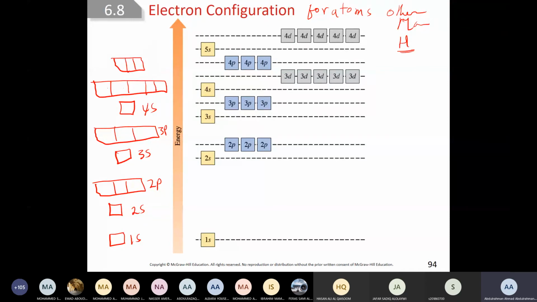And this is the way. Each one of these boxes is called what? What's the name of each box?